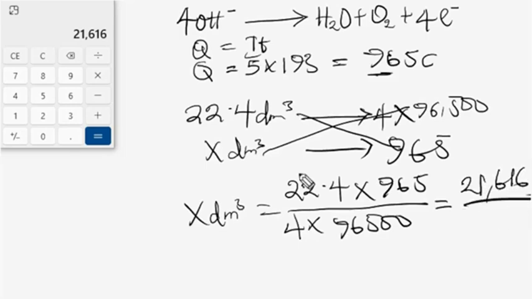So this will be over 4 times 96,500, that's 386,000. When we divide this, let's see what we'll have.